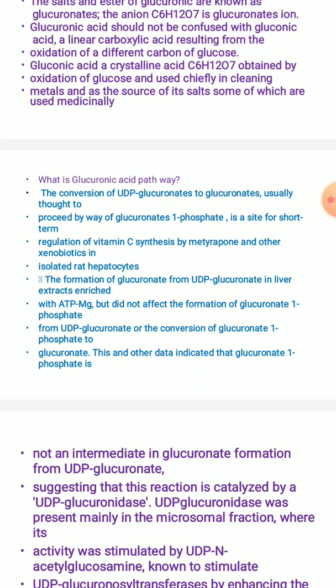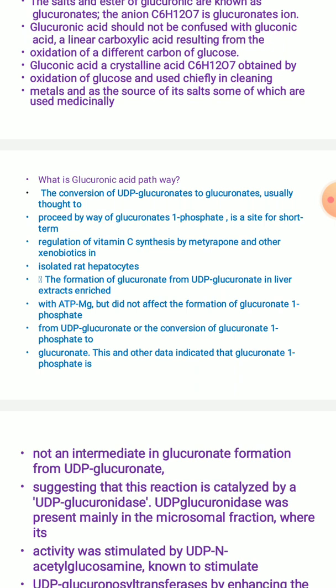The formation of glucuronate from UDP glucuronate in the liver extract, which is enriched with ATP and magnesium ion, is not going to affect the formation of the glucuronate 1-phosphate molecule.